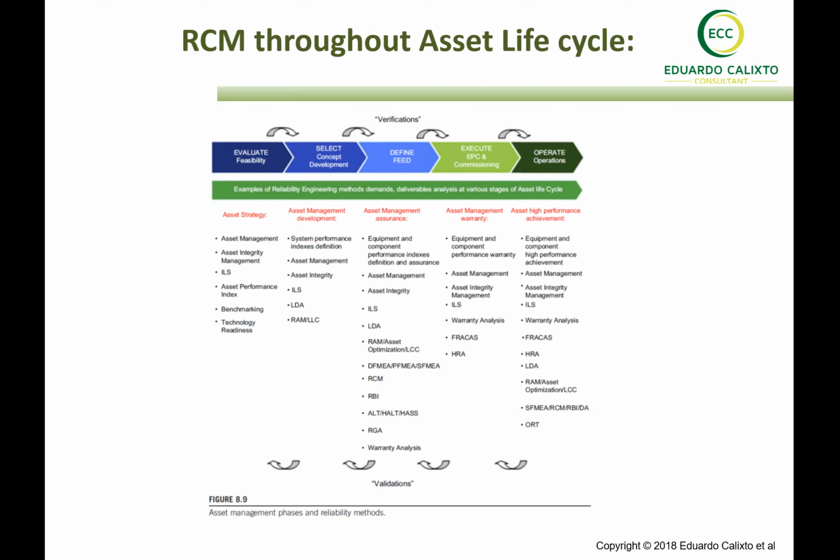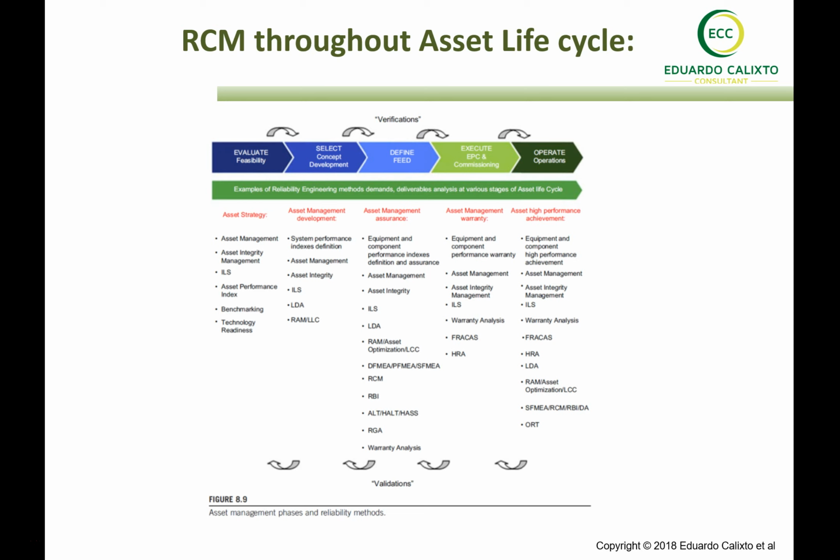So as described before, we have the asset management program flow, and that is support for the reliability program. We have defined activities throughout the asset life cycle, since the strategy definition and the assessment of feasibility of the process plants and their equipment, as well as during the concept phase, design, commissioning, and operation.